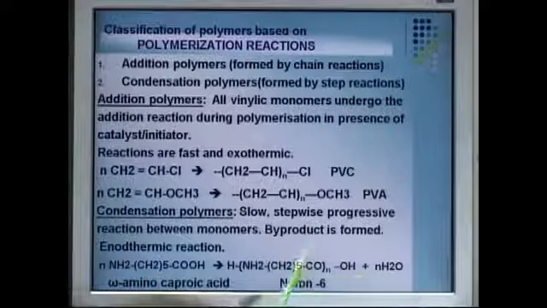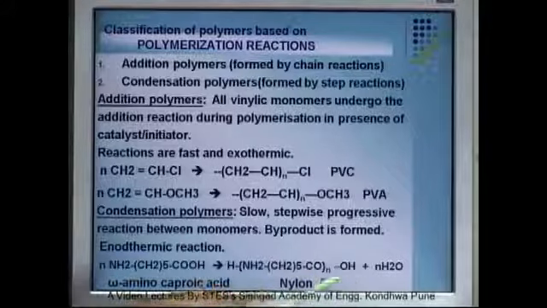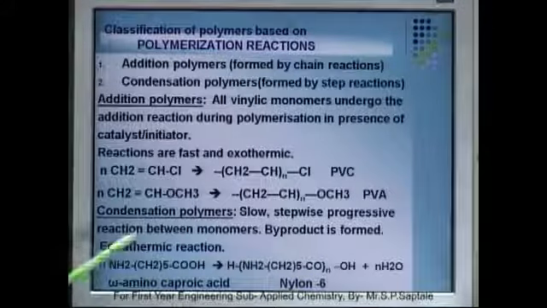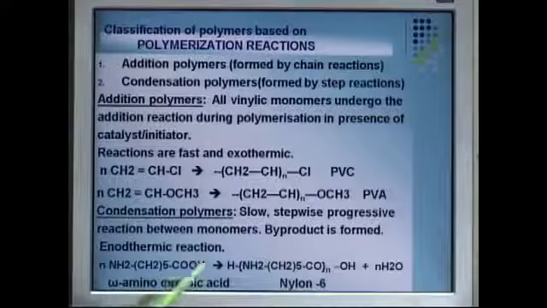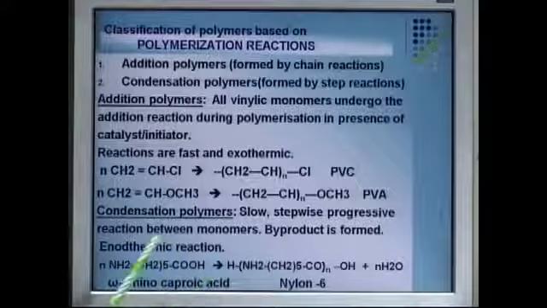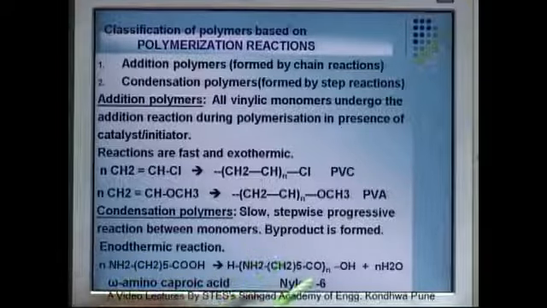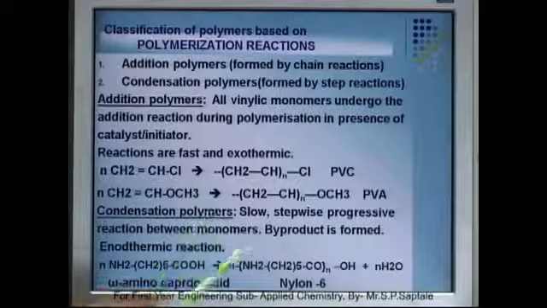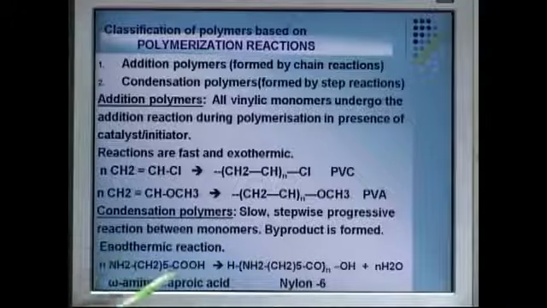But here it is only bifunctional, so it will form a linear polymer. But under condensation polymerization, if phenol is condensed with formaldehyde, it will form a cross-linked structure. Otherwise, if it is bifunctional, it will give straight linear polymers.